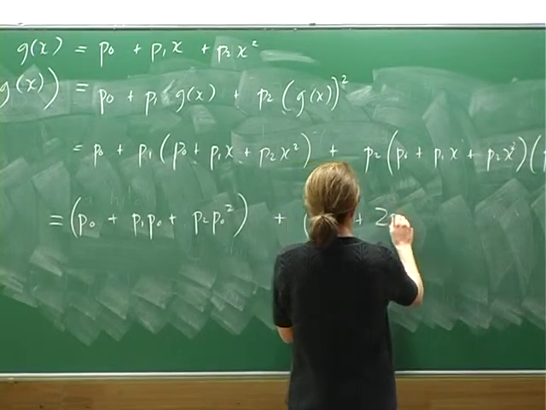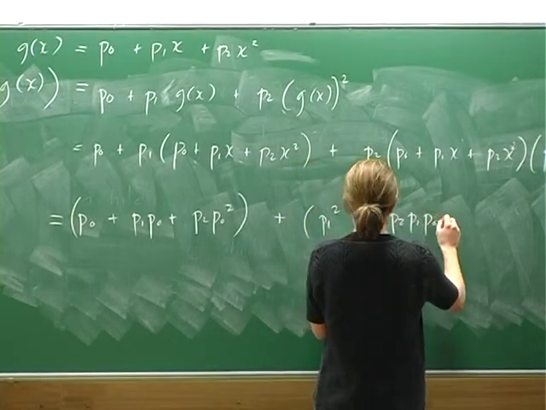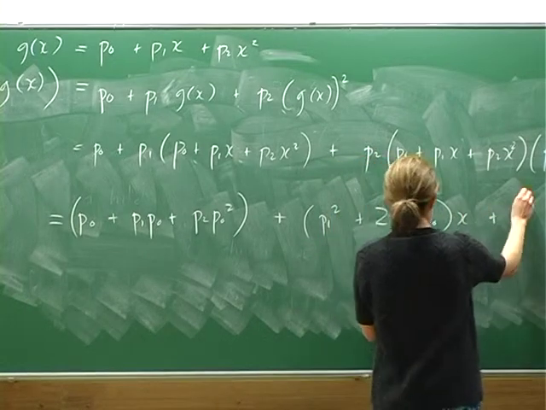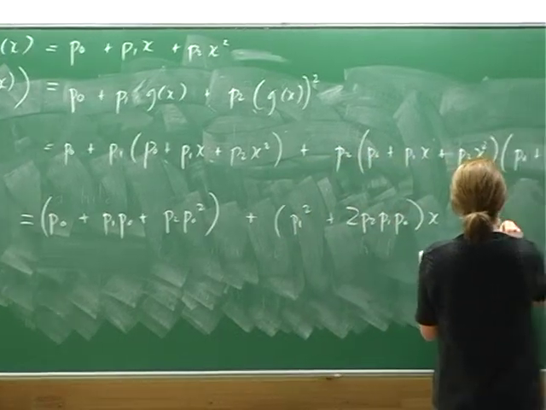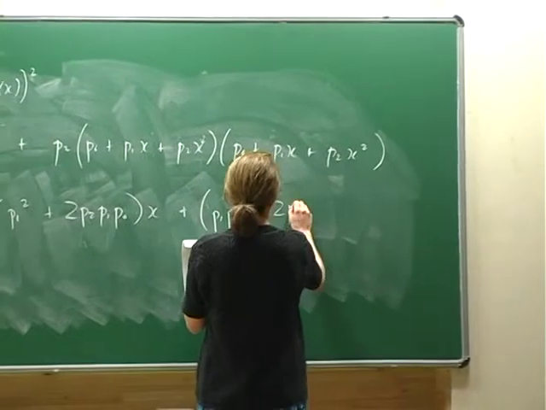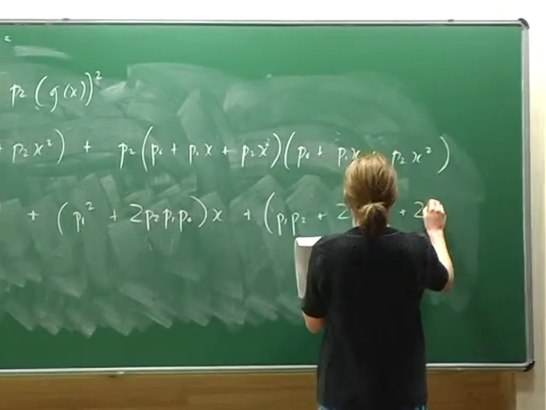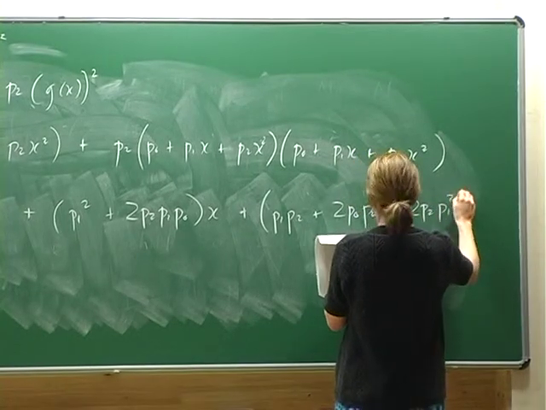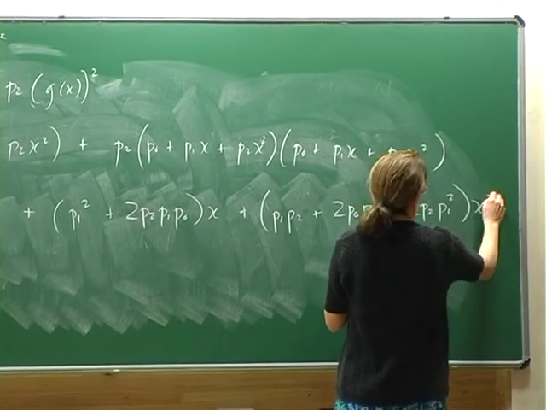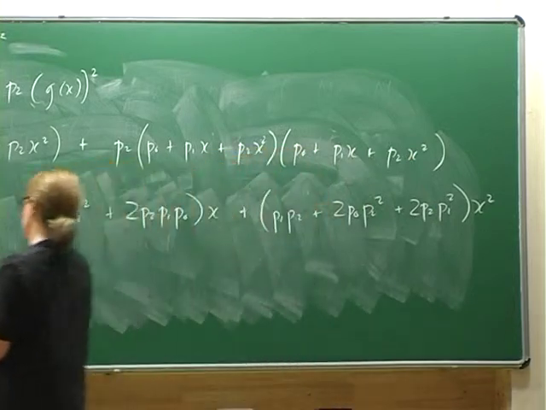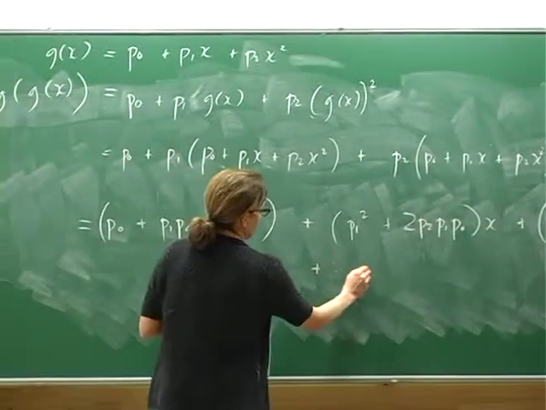We get two P2, P1, P0 terms. And here we get P1, P2 plus 2, P0, P2 squared plus 2, P2, P1 squared, or the coefficients of x squared. And then we actually do have some more terms now that we won't do.